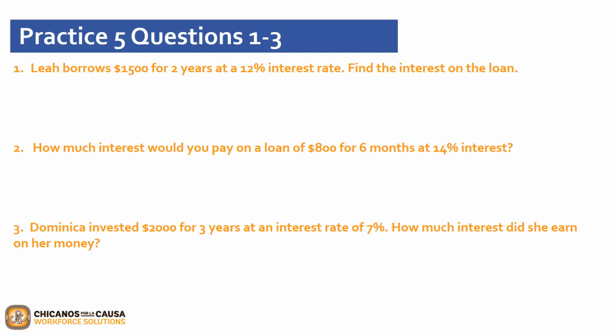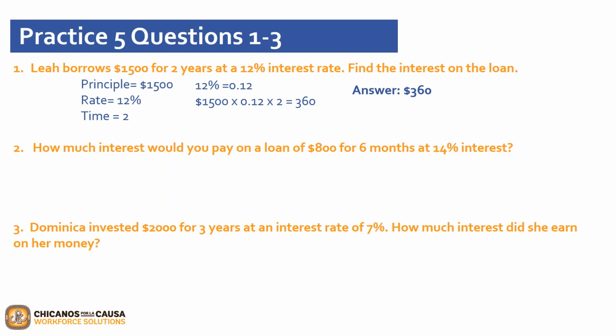The principal for this first question is $1,500, the rate is 12%, and the time is 2. Next, we need to write the rate 12% as a decimal, 0.12. We'll then substitute the known values in the formula and multiply: $1,500 times 0.12 times 2. This will give us our answer of $360 of interest.